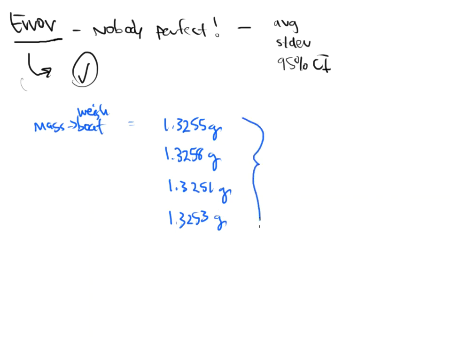So the question here is, which one of these is the correct weight of the weighboat? Which one of these should we actually use in a laboratory? That's a big question, right? And especially in a quality control environment, because sometimes we have thresholds that we have to meet.